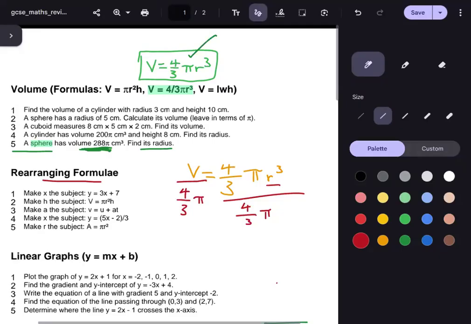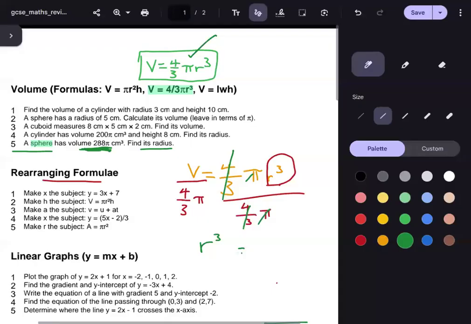And here we're trying to find r cubed. So we divide by 4 over 3 pi. The reason you divide is to cancel them out. So 4 over 3 pi and 4 over 3 pi will cancel out, and pi will cancel out, right? And so you will be left with r cubed.